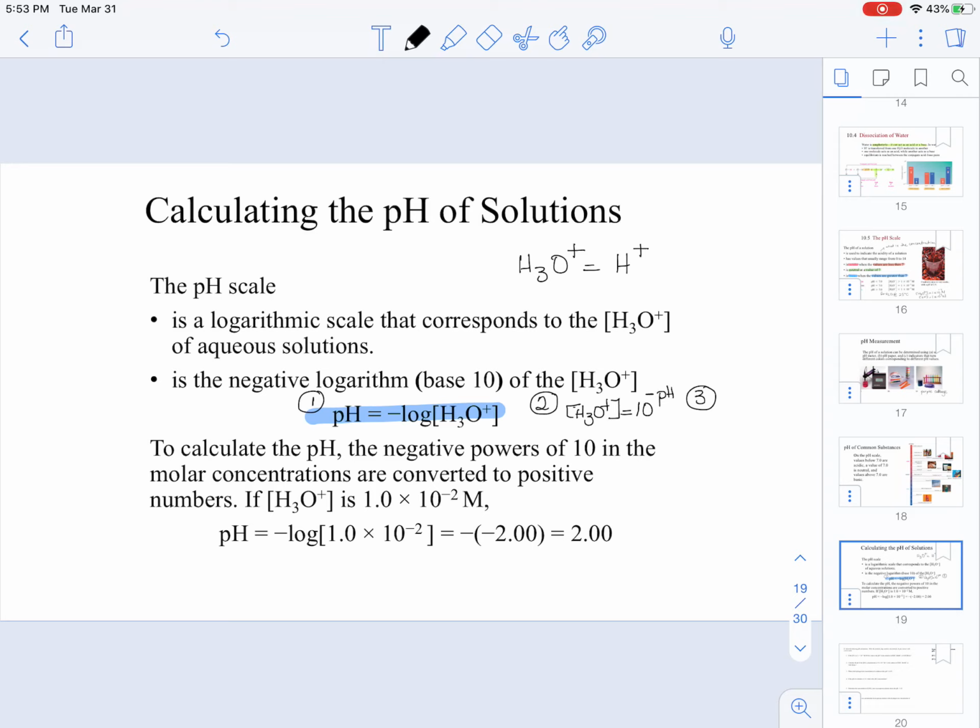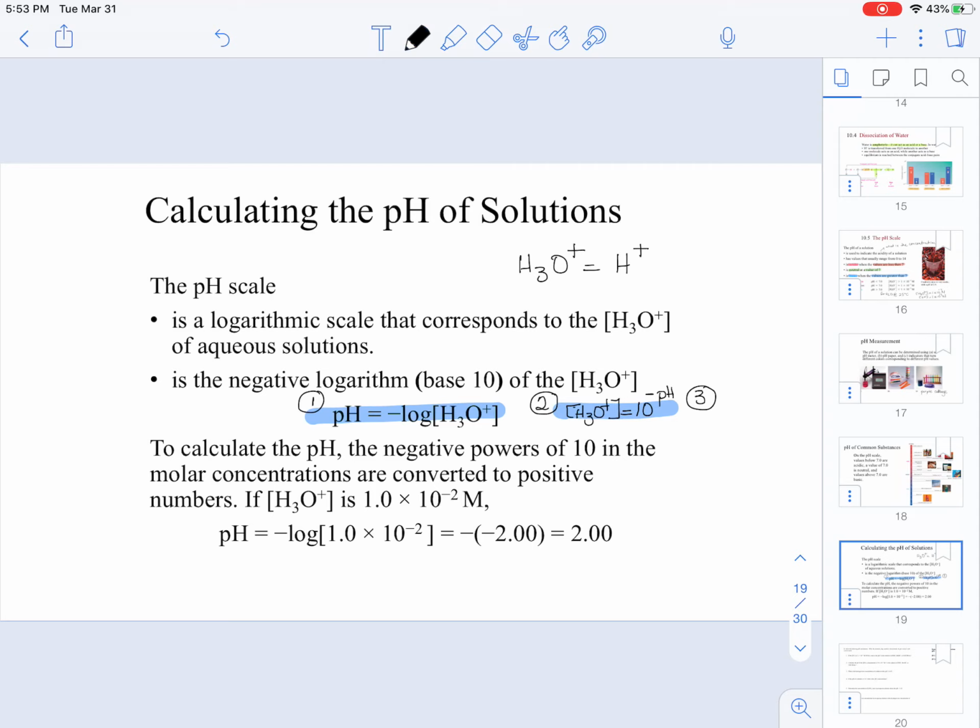Raising 10 to the negative pH gives you the concentration of H3O+. That's because the first equation for pH is log base 10, so if we isolate H3O+, you convert that equation to equation number 2. That is the second equation that you guys need to be familiar with.